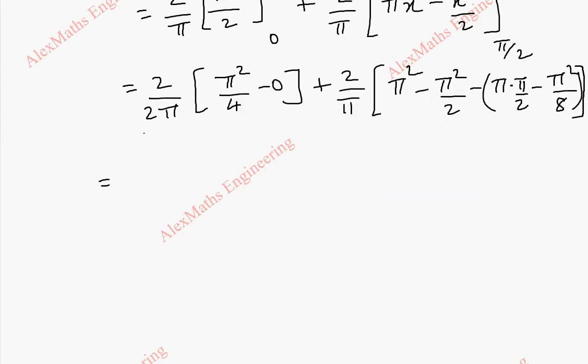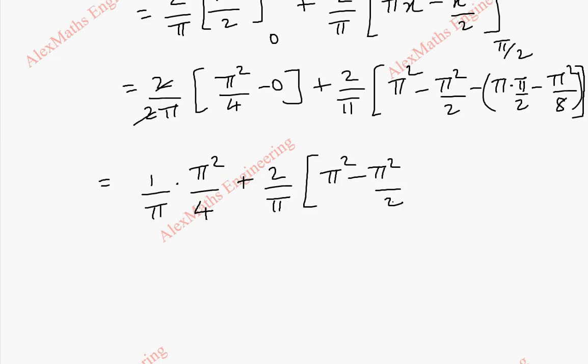So we completed the upper limit minus lower limit. Now after cancelling, we are left with 1 by pi into pi square by 4 plus 2 by pi into pi square minus pi square by 2. After taking the minus inside, it is pi square by 2 again, and the last term will be plus pi square by 8.